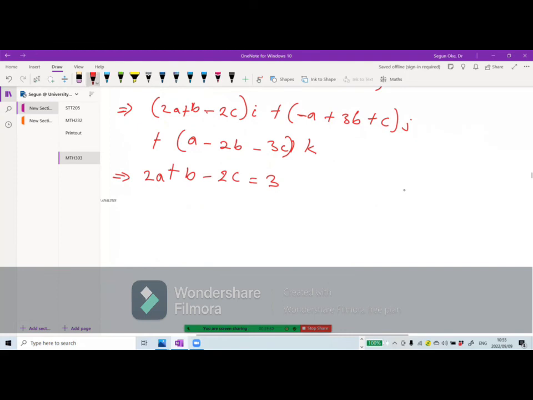Then we have minus a plus 3b plus c equals 2. Then a minus 2b minus 3c equals 5.